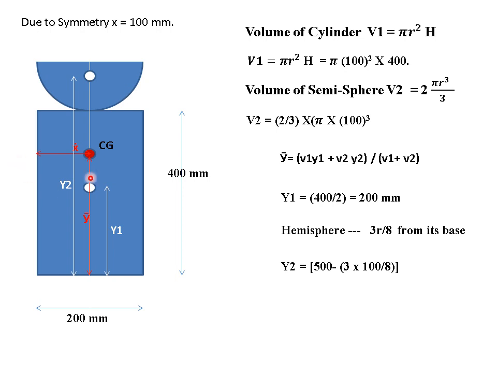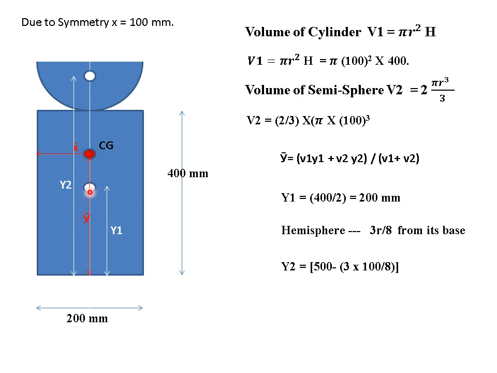Next, again, a hemisphere is resting above a cylinder. Here diameter of cylinder and diameter of hemisphere both are same. So here if I draw a centroidal axis, see this is also a centroidal axis. So the diagram is symmetrical about this vertical line, that is centroidal axis.